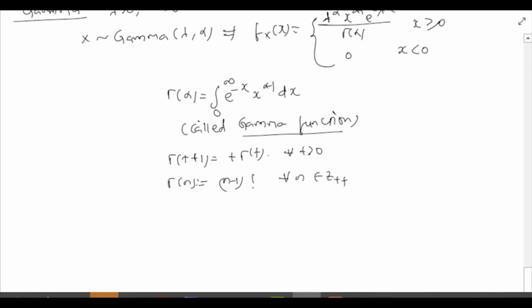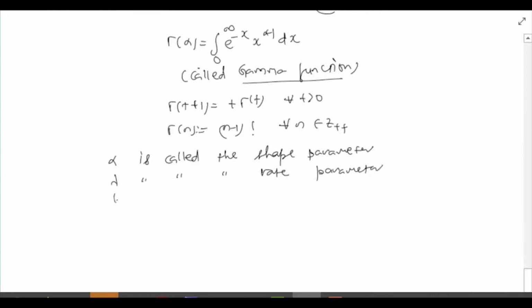In the context of gamma distribution, the constant alpha is called the shape parameter. The parameter lambda is called the rate parameter, and often 1 over lambda is referred to as the scale parameter.